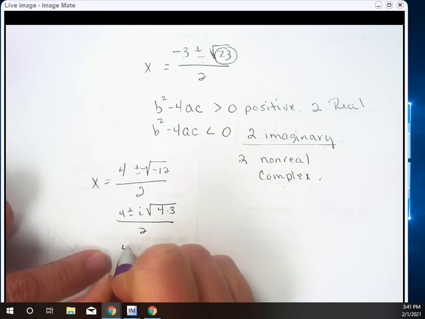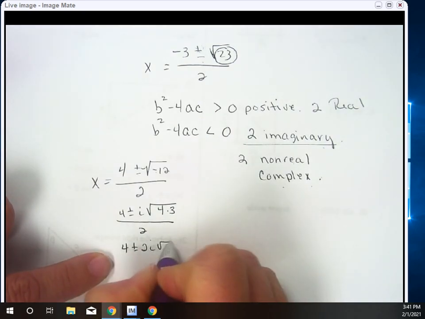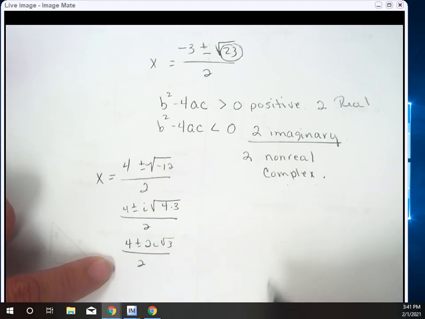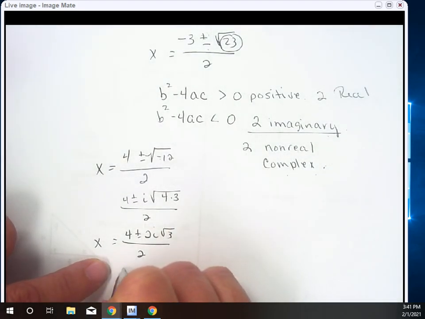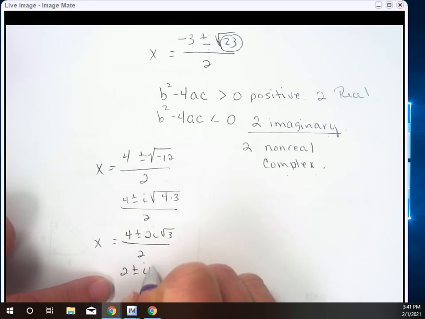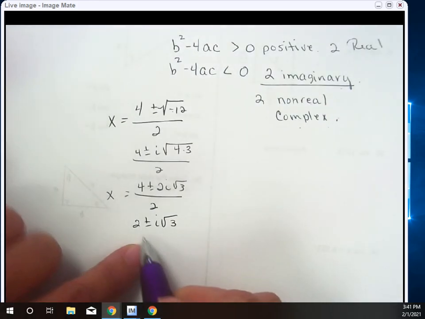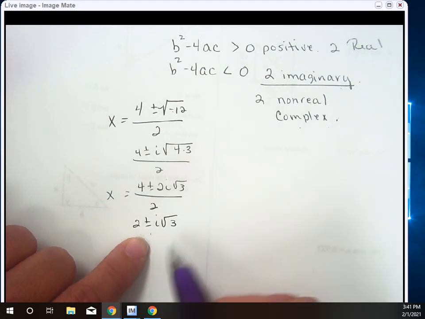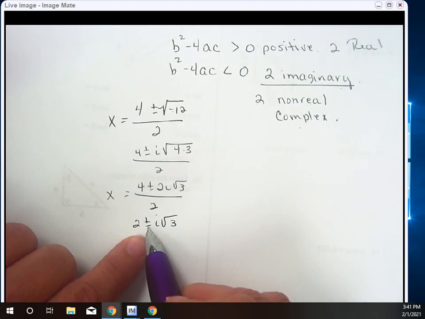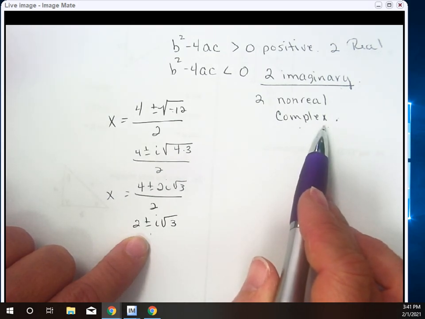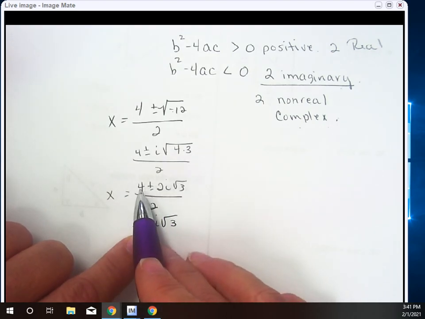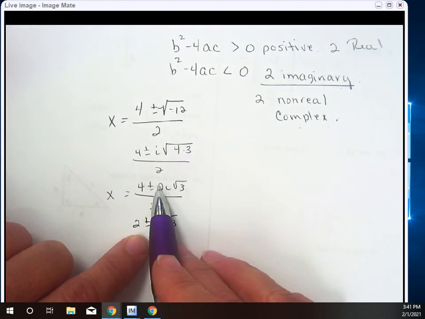The square root of 4 is 2, so 4 plus or minus 2i radical 3 over 2. There's a factor that you can factor out of 2, leaving 2 plus or minus i radical 3. The plus or minus is the conjugate. Some teachers may want you to say two complex conjugates. Complex meaning you have a real number and the imaginary part together.